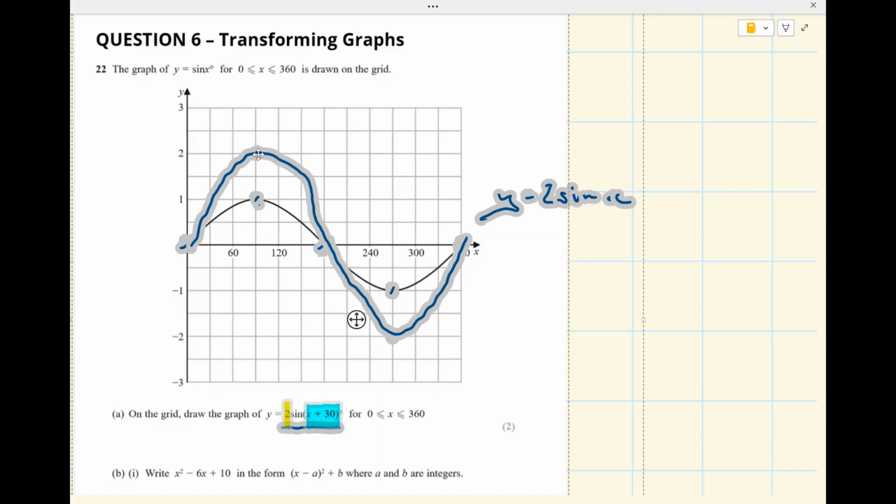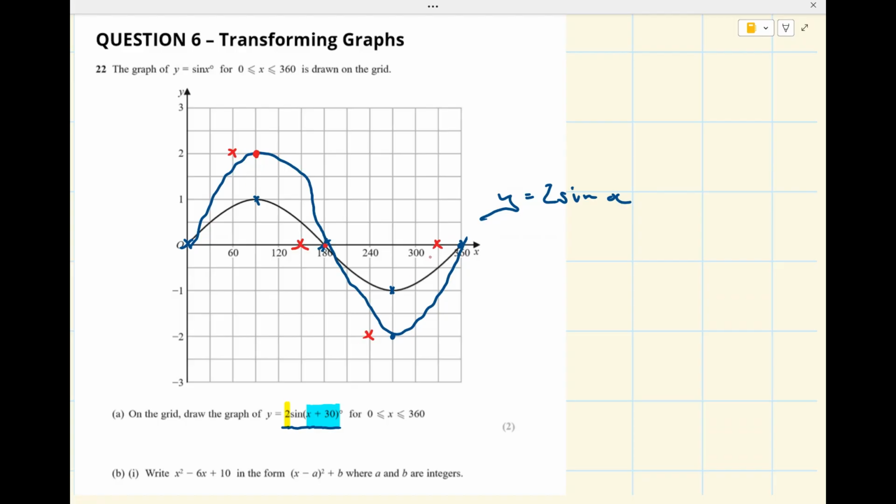So this point here is going to be translated 30 units to the left. So it's going to come here. This point here, 30 units to the left. This point here, 30 units to the left. This point here, 30 units to the left. So what is the new graph going to look like?